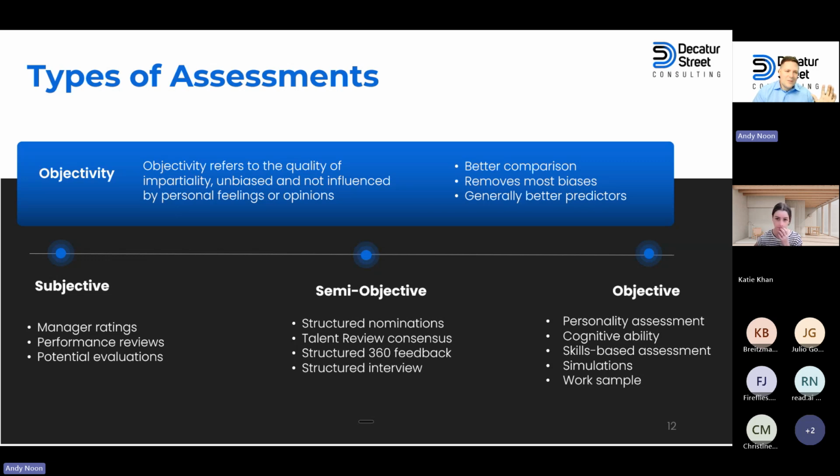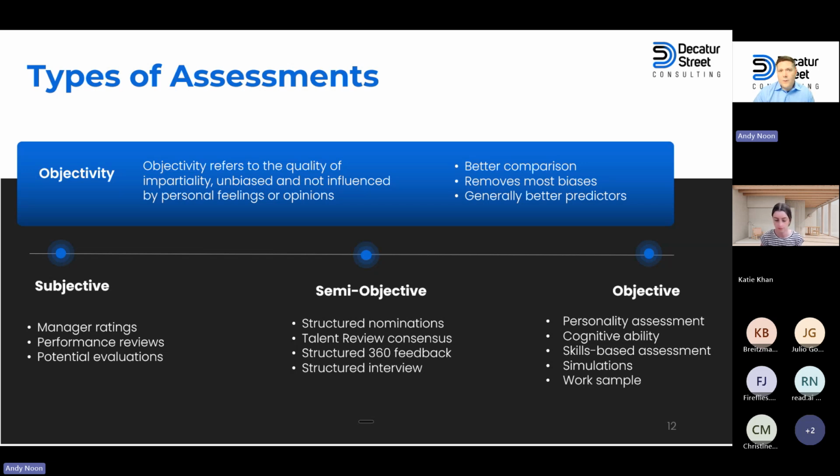If you look at some subjective things that probably any of you doing succession planning have used in your process, it's things like manager ratings, could be performance reviews. I'm guessing all of us bring in some thought about the individual's previous performance.